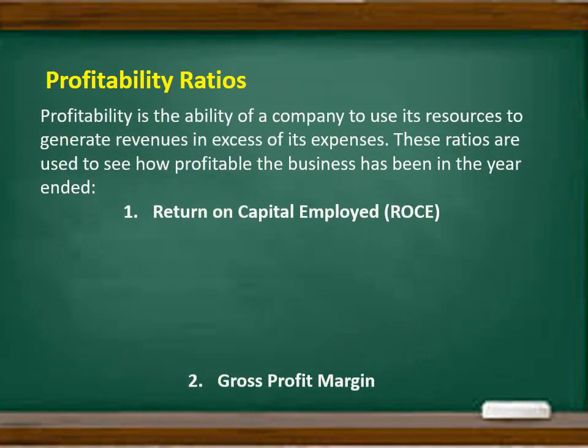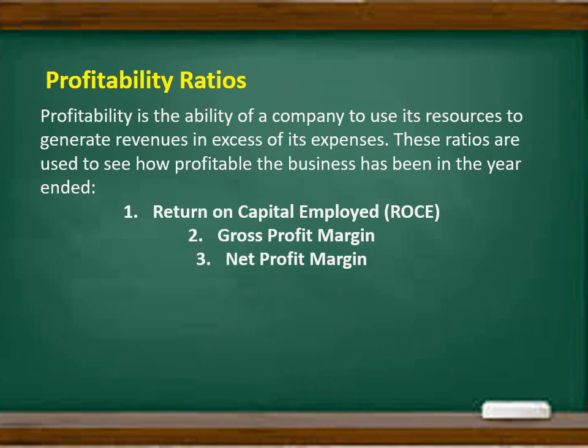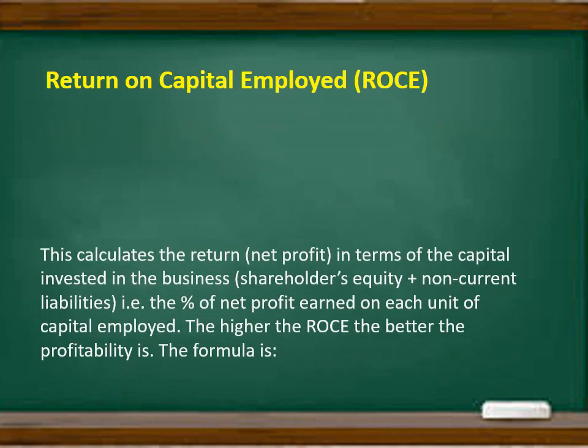So, like we're talking about liquidity ratios, we have different profitability ratios also. At any given time, you want to see the profitability of a business, and you could do it through determining the return on capital employed, gross profit margins.